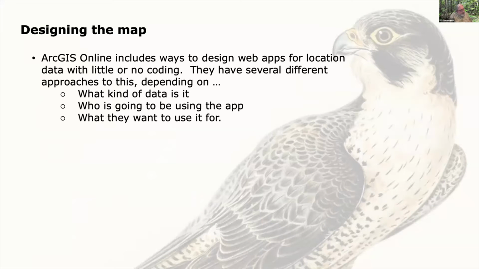ArcGIS Online has different approaches to coming up with interactive maps. A lot of it is set up so you don't do any specific coding, or you do very minimal coding. And it all depends on what kind of data you have. Obviously it's all got some sort of location link to it, but these days that involves more and more data from all sorts of different fields, anywhere from construction and transportation to medical to all sorts of uses.